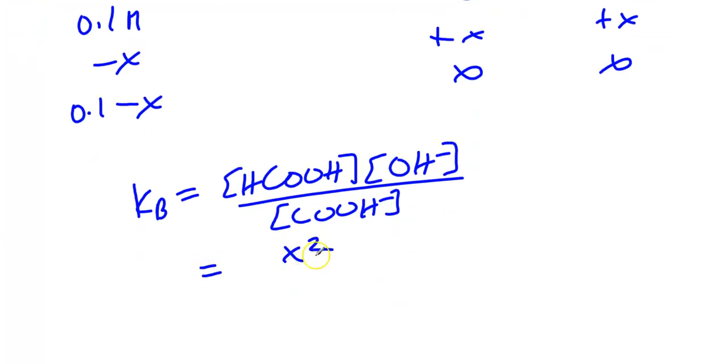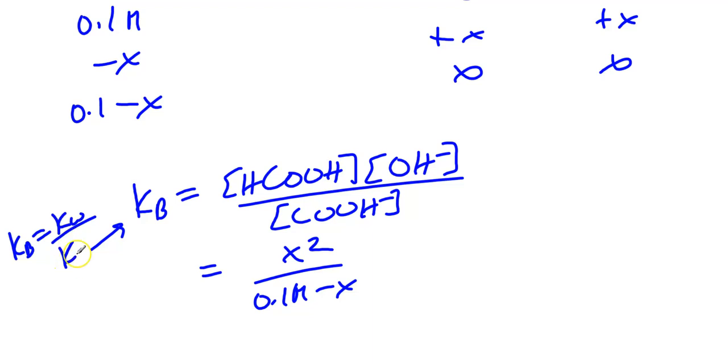So this is going to be x squared over 0.1 minus x. Kb, guess what? We got to do a little side calculation for it. I know you love it. So Kb is going to be Kw over the Ka of the conjugate, which is HCOOH. So your Kb value after you calculate that should be 5.56 times 10 to the negative 11. The 100 rule for sure will work here.